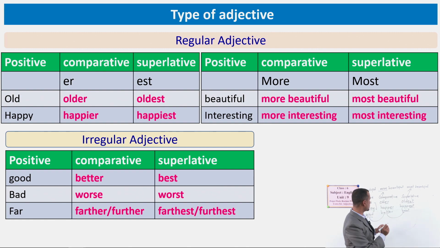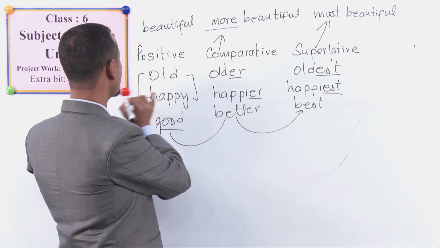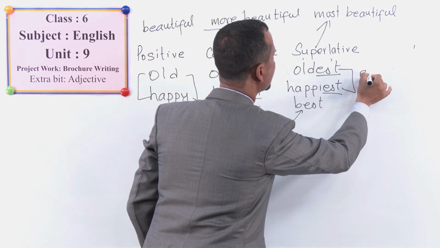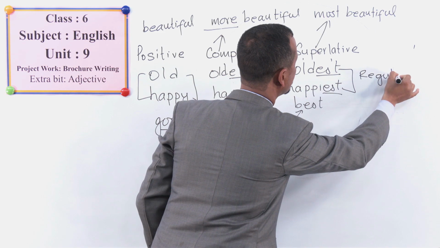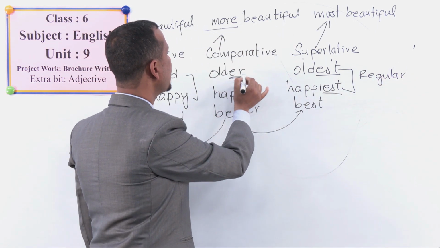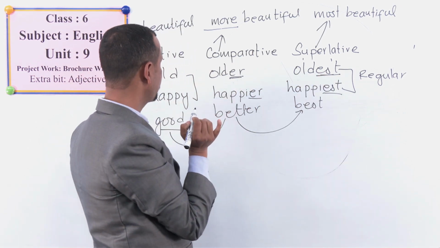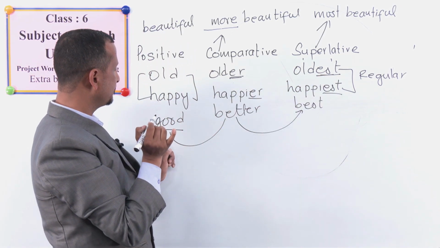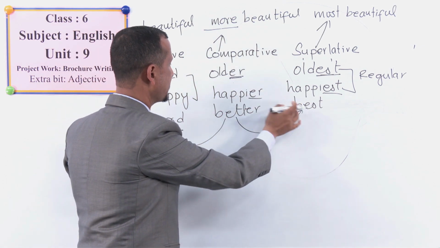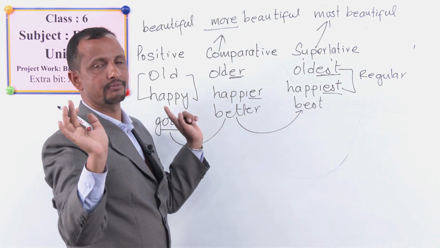So this one, old and happy, they are regular adjectives. What are regular adjectives? We add here -er and -est. And this one is irregular, because good, better, best is totally different.